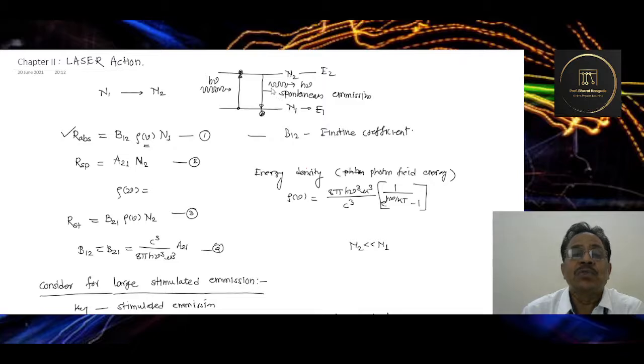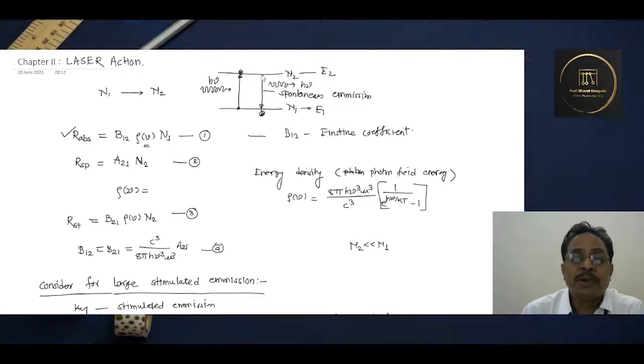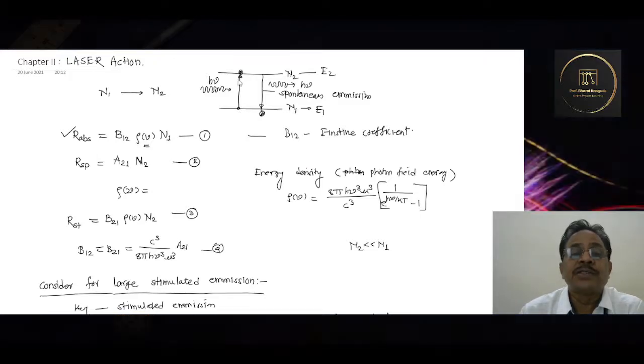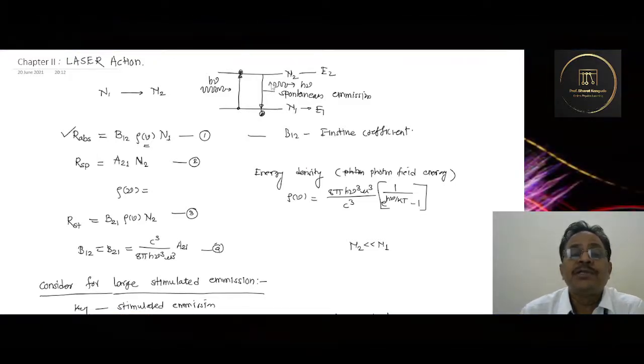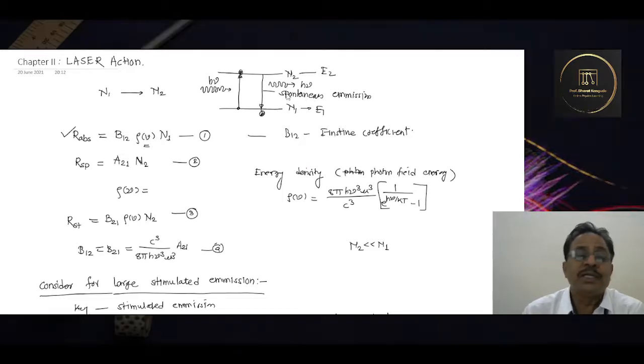In this case also, the energy difference between E2 and E1 is emitted as radiation. So the first process is absorption, where the atom goes from the ground state to the excited state. The second process is spontaneous emission, where the atom comes from the excited state to the ground state, giving out the same radiation, h nu. This is a simple process shown in the diagram.